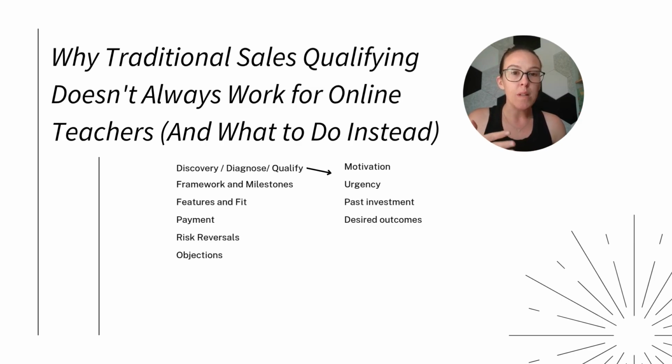Once you know the motivation, urgency, past, and outcomes, it's really important to get consent to talk about how you can help with those things. A question that you ask in the DMs could be as simple as, do you want help? Can I tell you about how I help?